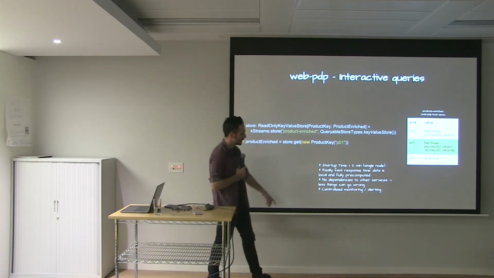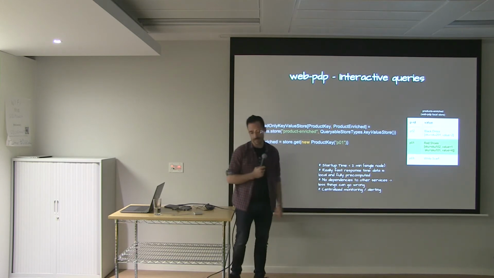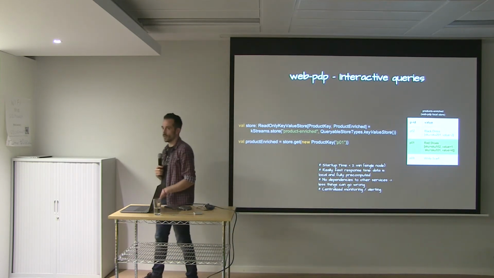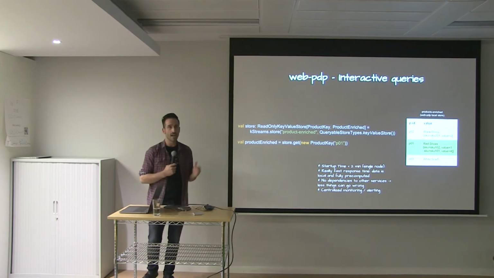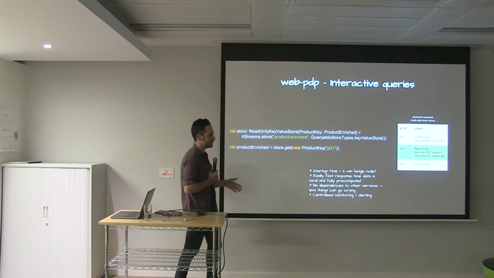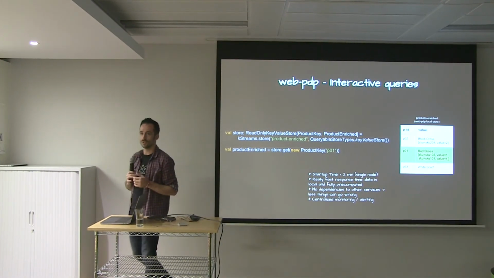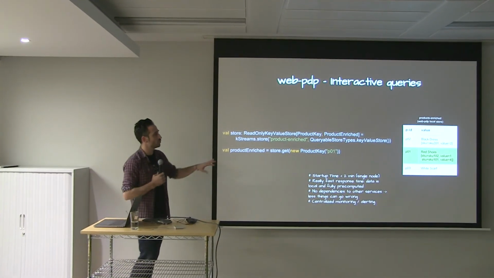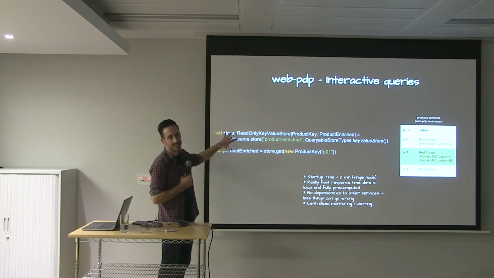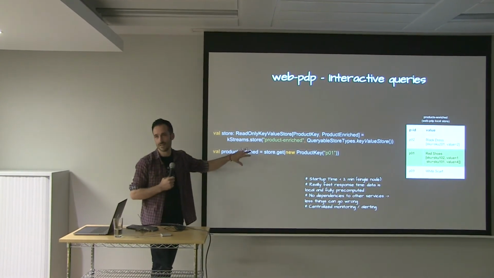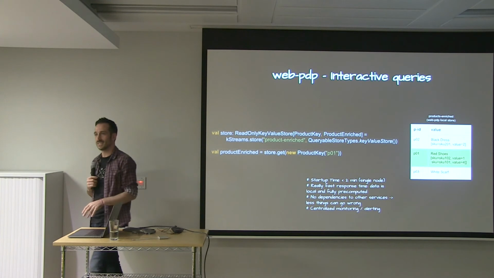More importantly, we also get centralized monitoring and alerting because, as I said, we deploy all this in Kubernetes. So every Kafka Streams application that is deployed in Kubernetes gets automatically monitored, because what can go wrong here is that the stream process gets stuck and doesn't process events anymore.